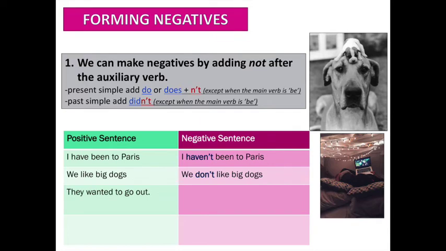They wanted to go out. So this is past simple, and in past simple, we only use the auxiliary verbs in questions or negative sentences. So there is no auxiliary verb in the positive sentence, but we need one for the negative sentence.